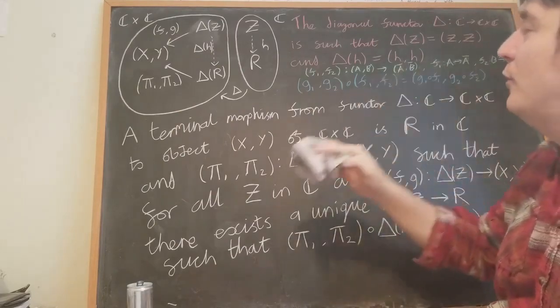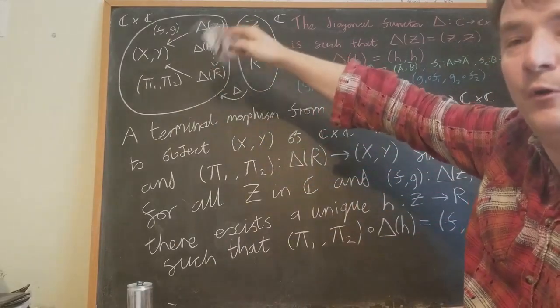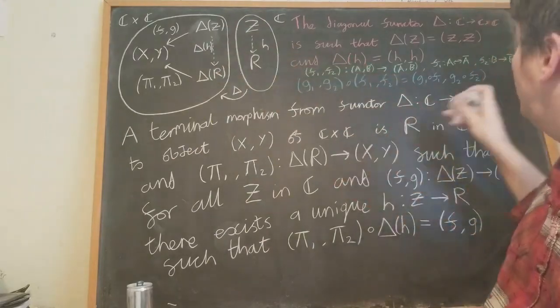So that's a very short summary of how the product of categories works.